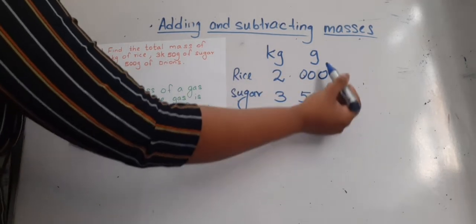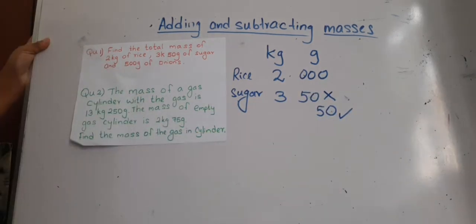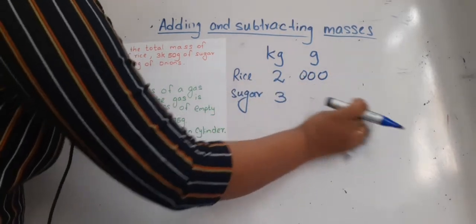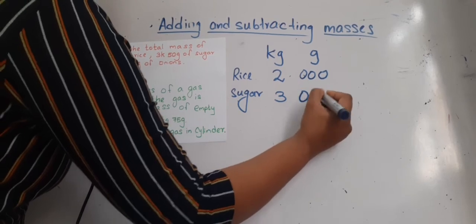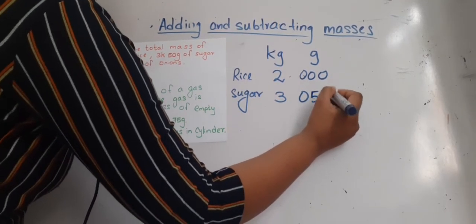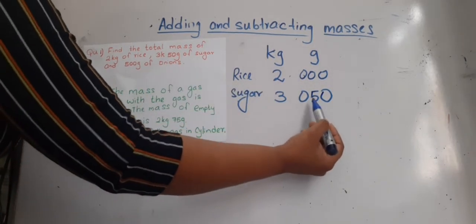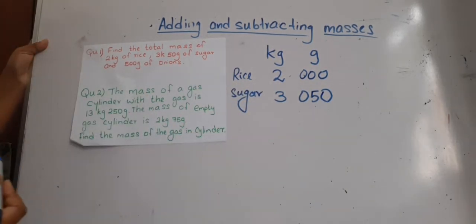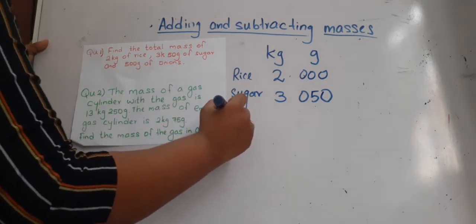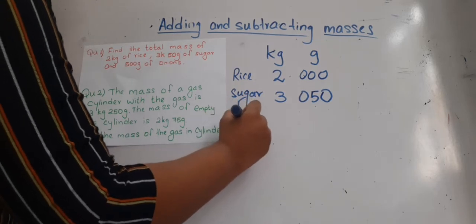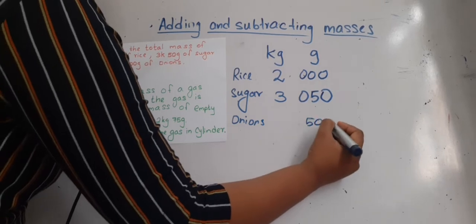So the 0 should come under the units. Even though they have given you 2 digits, you write 50 in this way, so you won't forget that. So I'm writing 50 as 050, in 3 digits. And the third one is onions. We have 500 grams of onions.